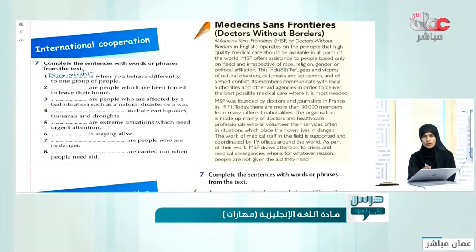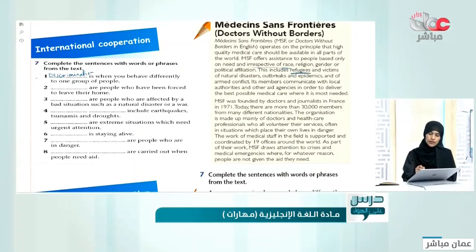Okay, the second one says, dash are people who have been forced to leave their home. Now if you look at the situations happening around the world, I'll give you an example. For example, Syria: they had to leave their houses, and they have become people living in places which are not their homes. In English we call these people refugees, which is mentioned here.